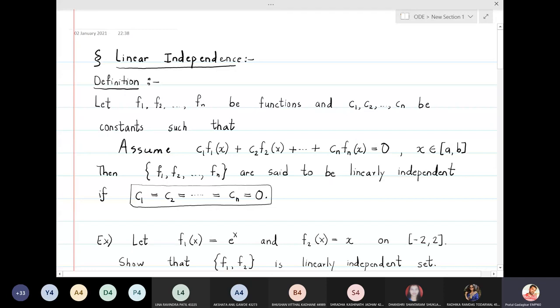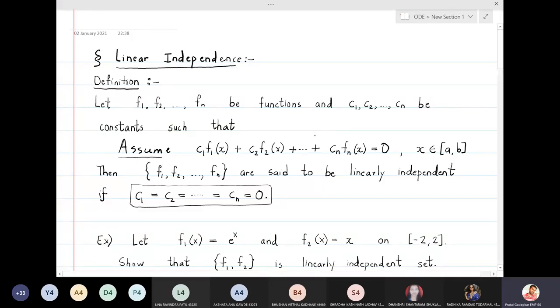So in the previous lecture, we have seen about linear independence. We will just recall that definition: f1, f2, ..., fn are functions and c1, c2, ..., cn are constants. If you assume that c1 f1 + c2 f2 + ... + cn fn is equal to 0, that is called a linear combination.